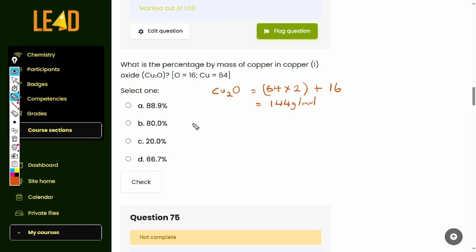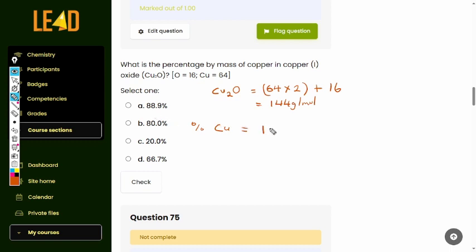So if you want to find the percentage by mass of copper, you're going to have to do the total atomic mass of copper over the total molar mass of the whole compound times 100. Now notice copper is 64, but there are 2 atoms of copper, so we're going to take 64 times 2 as the total mass for copper, then divided by the total. Now 64 times 2 is 128.